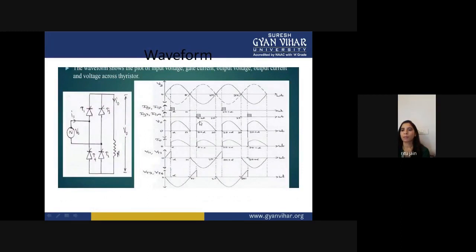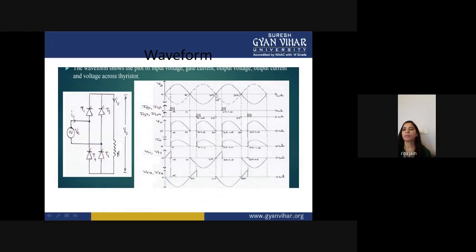Now, in this case, you are getting this output voltage from pi plus alpha to 2 pi. Fine. After that, again, this cycle becomes positive, which is 2 pi to 3 pi and 3 pi to 4 pi.